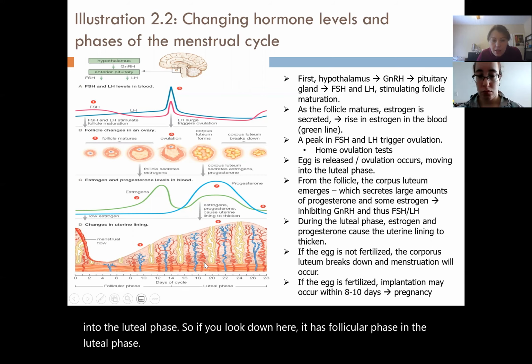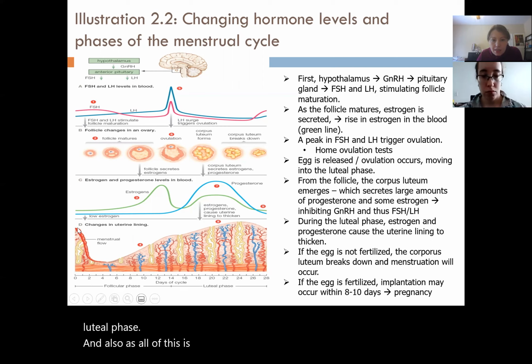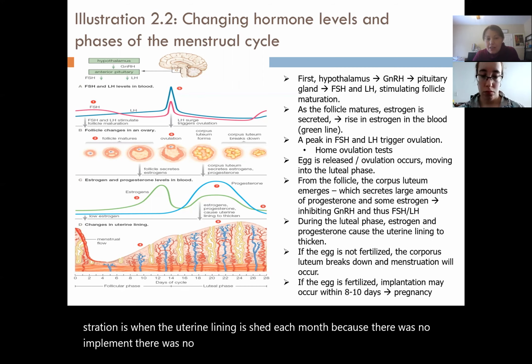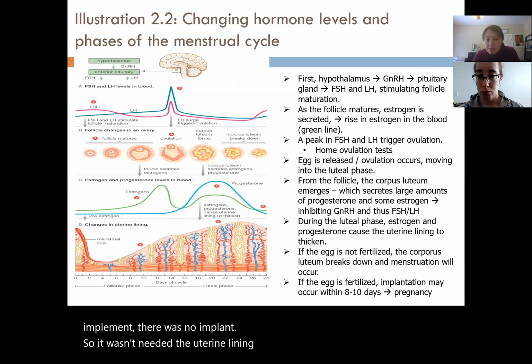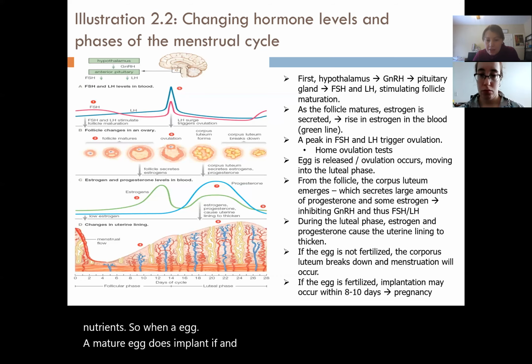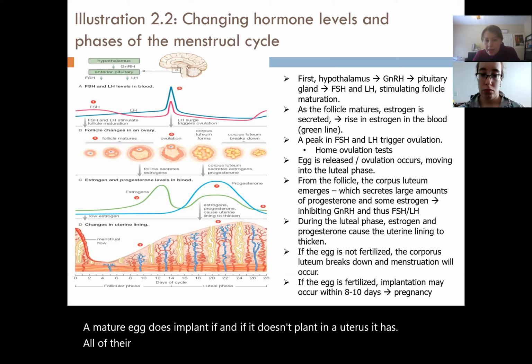And also, as all of this is occurring, there are changes in the uterine lining. So menstruation is when the uterine lining is shed each month because there was no implant, so it wasn't needed. The uterine lining is very rich in blood and nutrients. So when a mature egg does implant in a uterus, it has all of the nutrients and blood supply that it needs right there through the uterine lining.